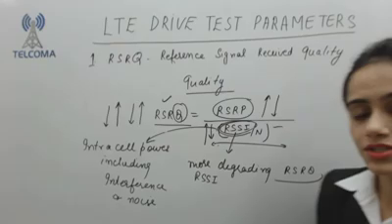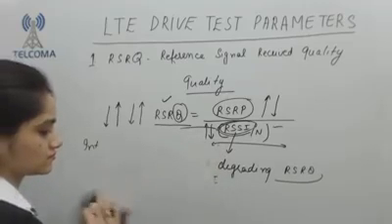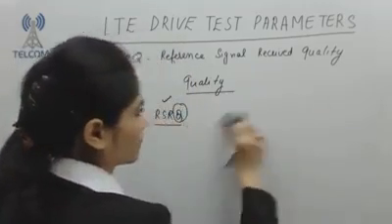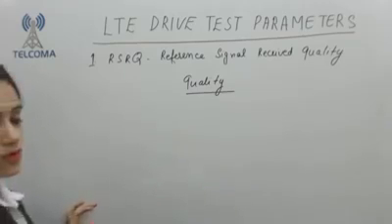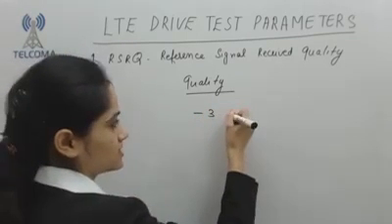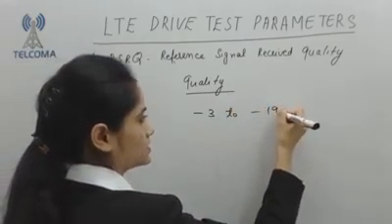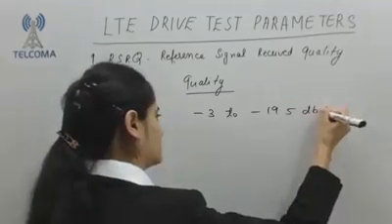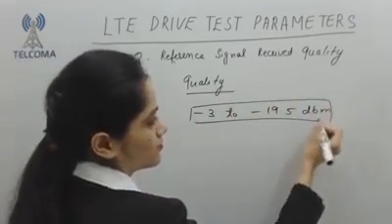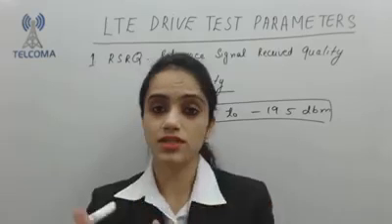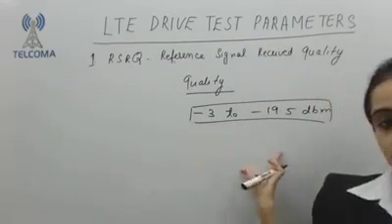Now its value ranges from minus 3 to minus 19.5 dB. This is the KPI, the key performance value, and my quality should range in between this.